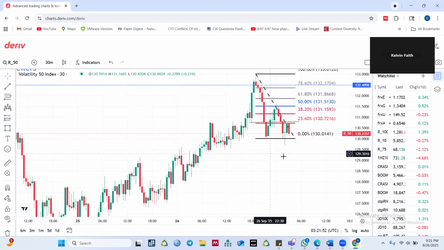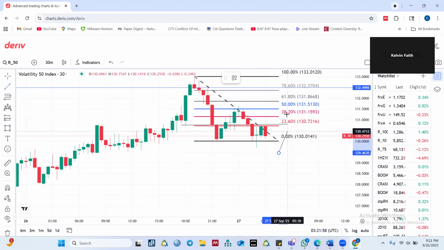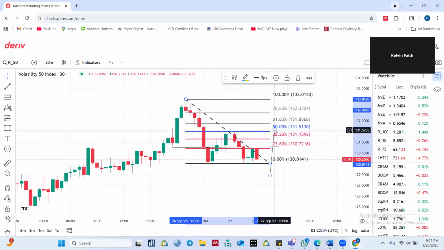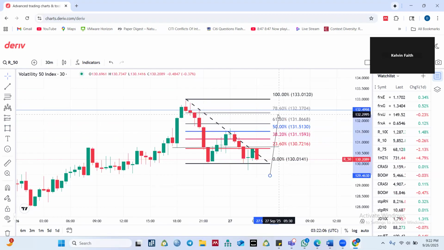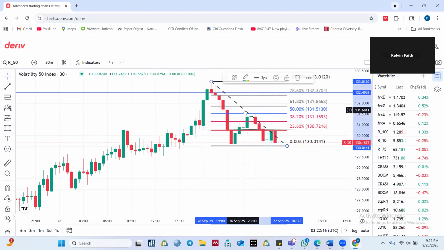So at equilibrium, we are likely to still get the sell. Though we should still expect price to come up some time to retest the equilibrium again, or probably dip more into the 61% or even retest this area. But for now, we should be good because we have a break of structure and we have price pulling back into equilibrium. So we should be good.